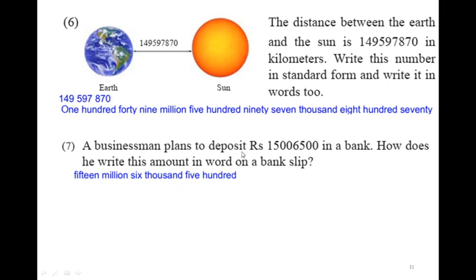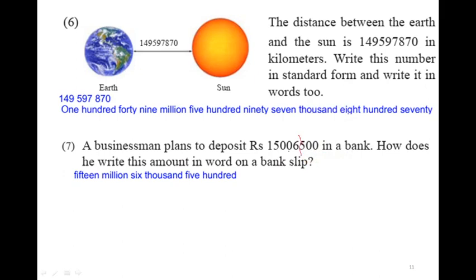A businessman plans to deposit some amount of rupees in a bank. Don't worry much about the rupees. And how does he write this amount in words on a bank slip? So let's separate this into zones.